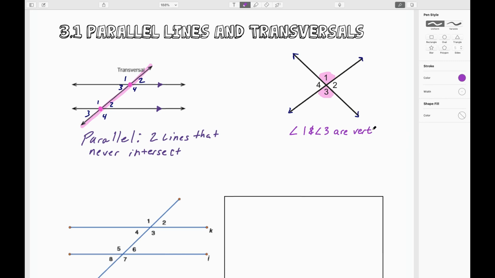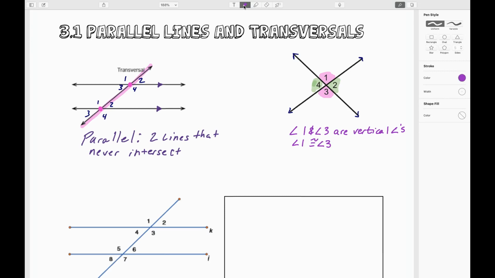Now, what we can notice about vertical angles, and we did this yesterday, and that's the abbreviation there, is that vertical angles are congruent. So angle 1 is congruent to angle 3 because they are vertical angles. Then we notice there are other ones that are also vertical, and that is 2 and 4.